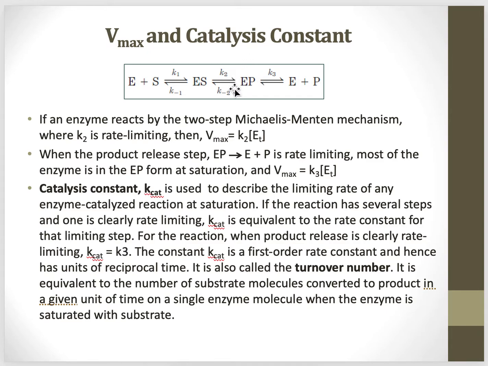If the reaction has an additional step, which is called a two-step Michaelis-Menten mechanism, and if K2 is rate limiting, then Vmax will be K2 times ET.